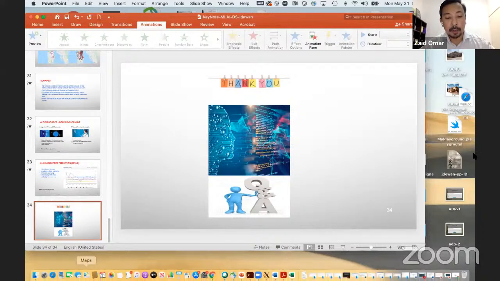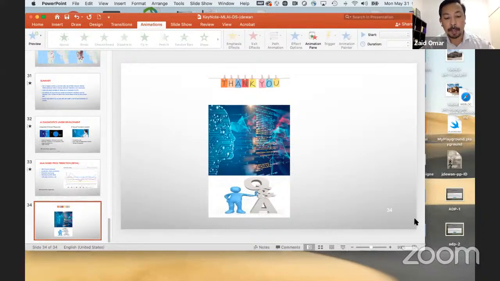So our next keynote is by Professor Dr. B. Lokeswara Rao. He received his Bachelor of Engineering in Electronics and Communications from Andhra University, Visakhapatnam, and Masters of Engineering in Microwave and Radar Engineering from Osmania University, Hyderabad.